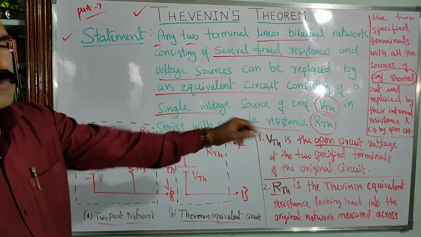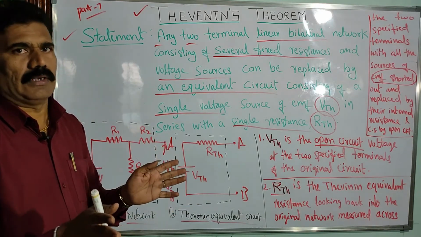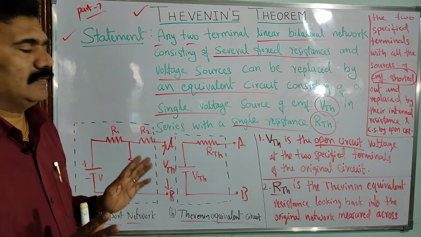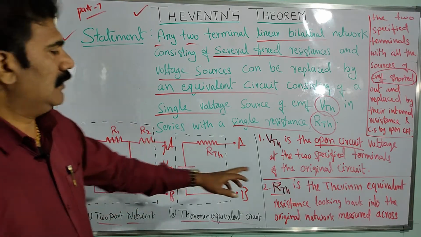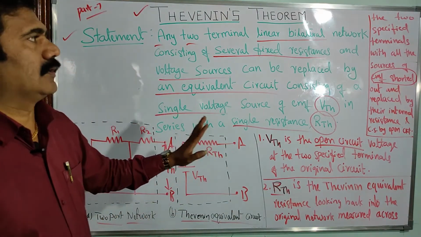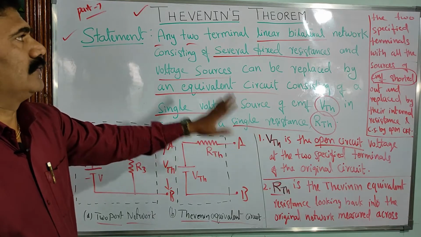If there is a current source, then it should be removed. You keep it open. The current source should be kept open in the circuit while measuring the RTH. Clear? So that is the basic part to understand the statement and a simple explanation of Thevenin's theorem.